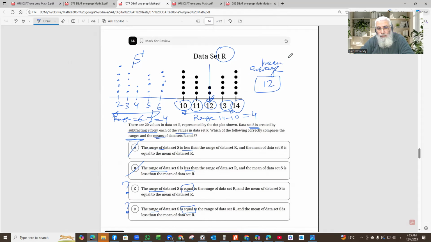Mean of R is just 12, and mean of S is 4 less, because the shape is symmetric. So the mean of R is greater than the mean of S. Mean of R is less than is not correct. Mean of S is equal, no, it is not equal. Mean of S is less than, yes, this is correct. So the correct answer is D.